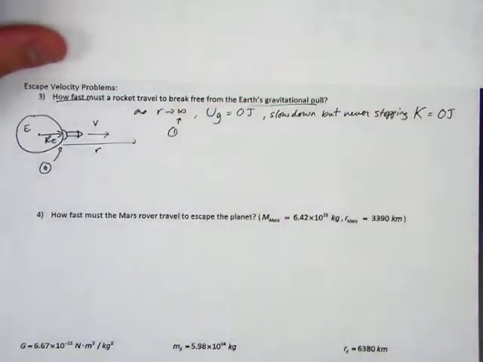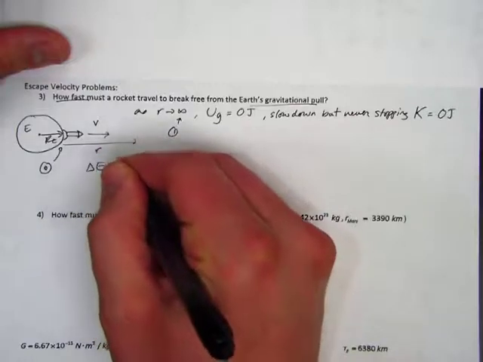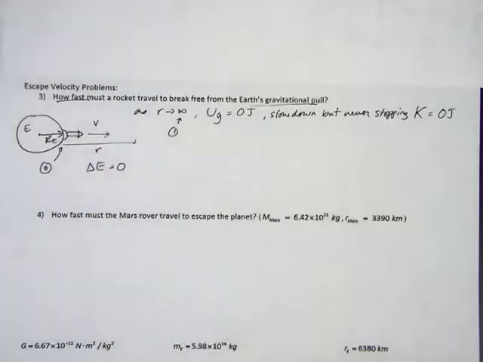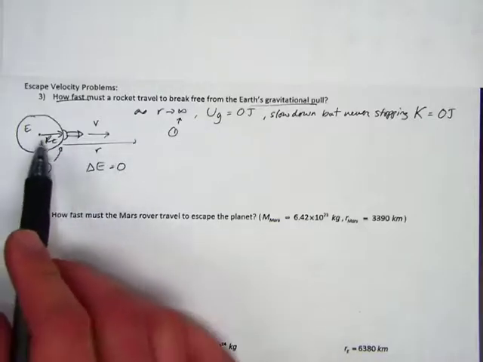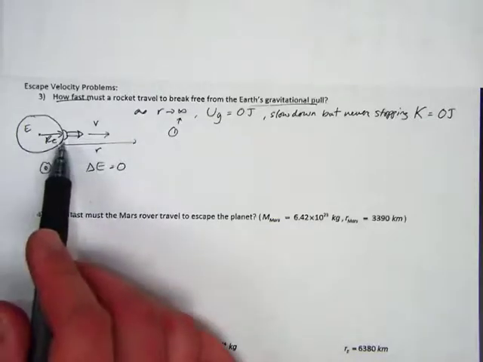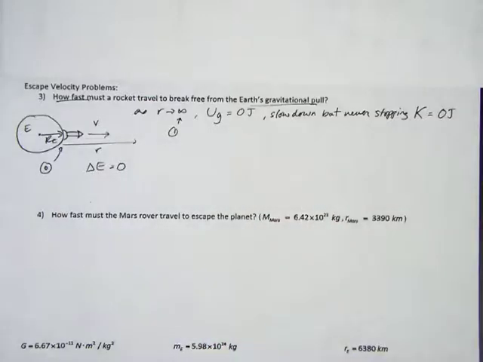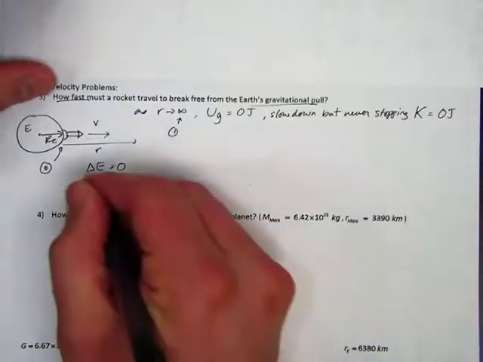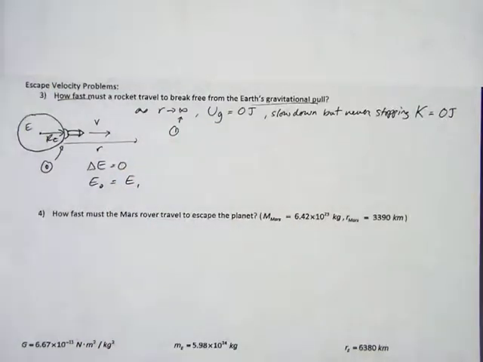So conservation of energy tells us that if the rocket leaves the surface of the Earth with a certain kinetic and gravitational potential energy, by the time it gets to infinity, energy will have been conserved. So E initial has to equal E final, total mechanical energy.